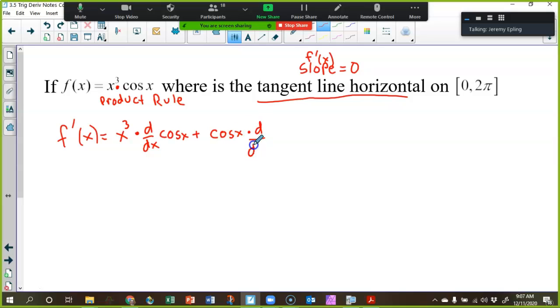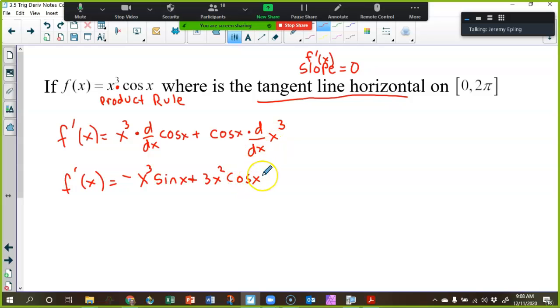Now, by itself, neither of those individual derivatives should be terribly bad for us to calculate. We have the derivative of cosine, which we looked at yesterday and you used in homework last night. It is negative sine of x. And the derivative of x cubed is just our power rule: 3x squared.